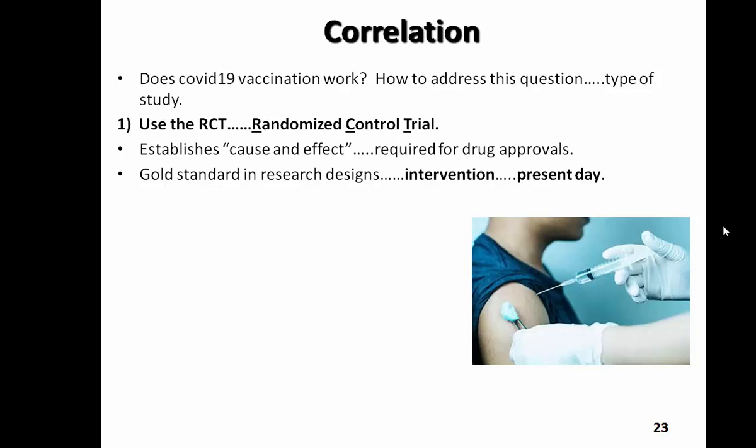So the RCT is considered the gold standard in research designs, whether it's a COVID-19 vaccine, another type of drug, a psychological or psychiatric type of treatment, or any intervention in the present day. The RCT generally involves study volunteers who are randomly assigned to two, sometimes more, groups.